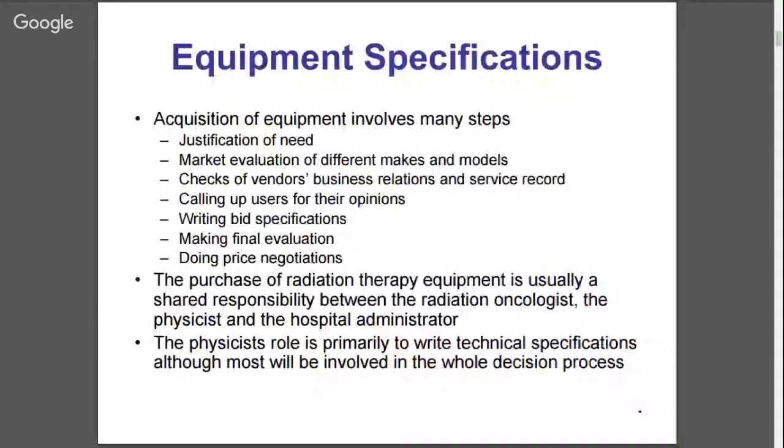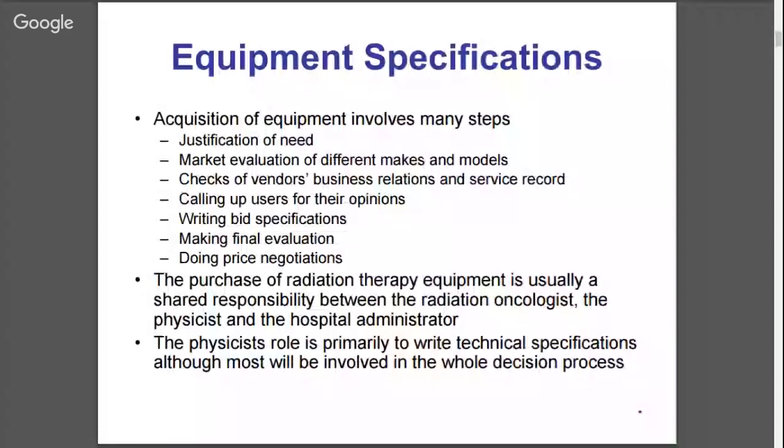And then you will write some specifications that really lay out the details of what your requirements are, the clinical requirements in your department. And then the vendors will have an opportunity to answer these specifications and to demonstrate that they can meet these specifications. And then you're able to make a final evaluation. And of course, there's also the important price negotiations.